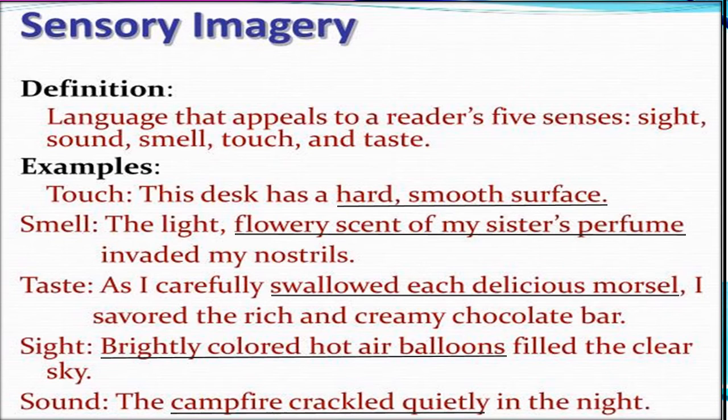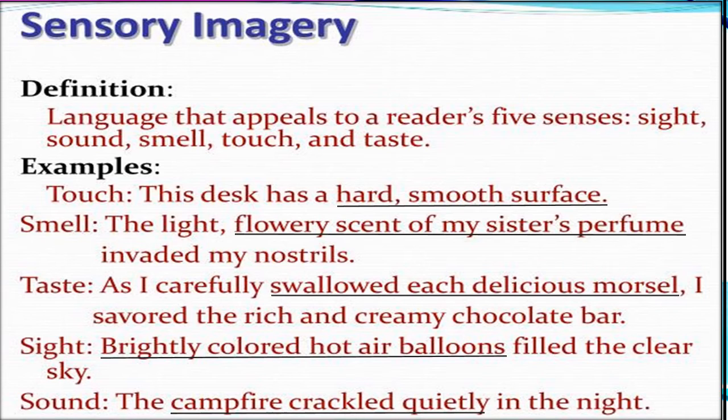Then third, as I carefully swallowed each delicious morsel, I savored the rich and creamy chocolate bar. The underlined words, swallowed each delicious morsel, show that the sensory imagery being used is taste. Then fourth, brightly colored hot air balloons fill the clear sky.